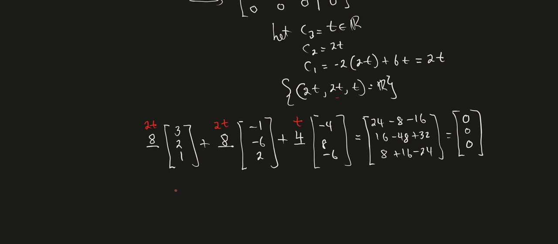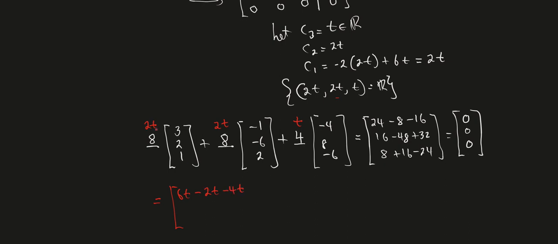So if I take the 2t and multiply the first component here, I'll have 6t. Multiply this component here, I will have negative 2t. And multiply this component here, I'll have negative 4t, right?